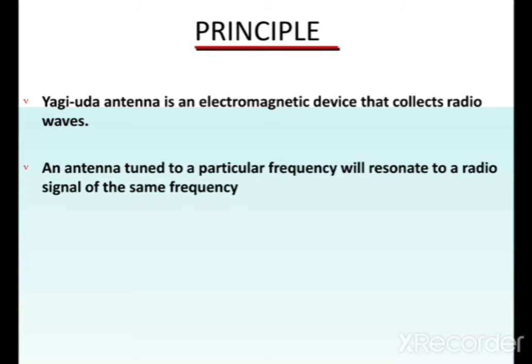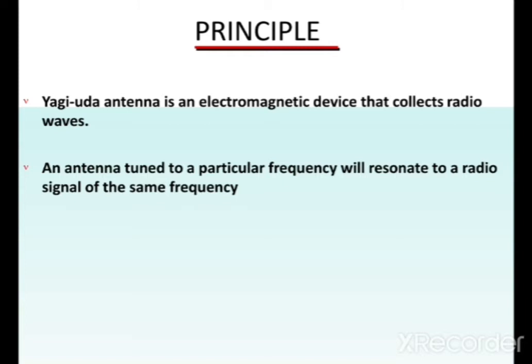So what is the reflector? It is one of the parasitic elements in the Yagi-Uda antenna, which is 5% longer than the driven element, and it is placed very near to the driven element. It acts as a concave mirror which reflects the energy in the direction of the radiation pattern rather than its own direction, and hence it is called a reflector.